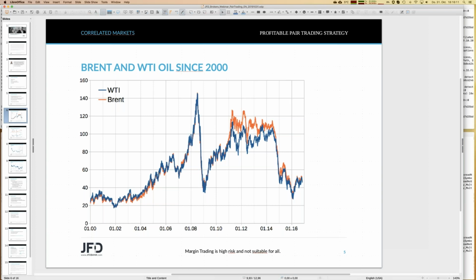The one which had become cheaper is now getting more expensive because everybody's jumping on that sort of oil. What will happen? The prices of the two kinds of oil will converge to each other. The price difference is getting smaller and smaller.